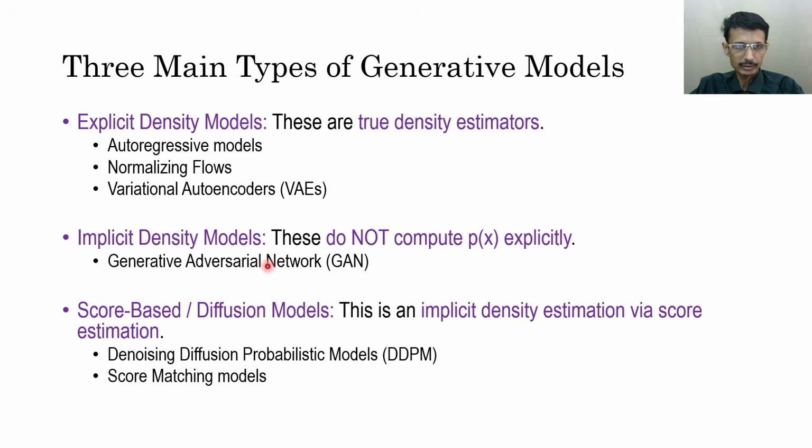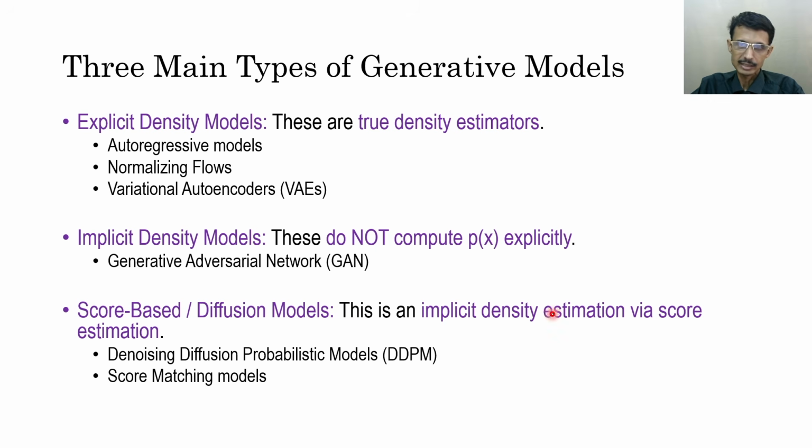Another very important kind is called implicit density models. These models do not compute p(x) explicitly. An example is the generative adversarial network. It's also a very popular generative model. Another kind is score-based or diffusion models.